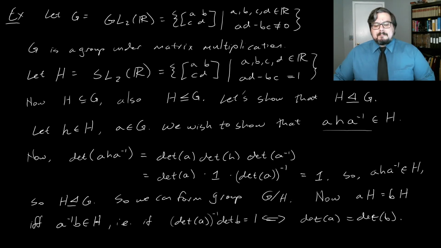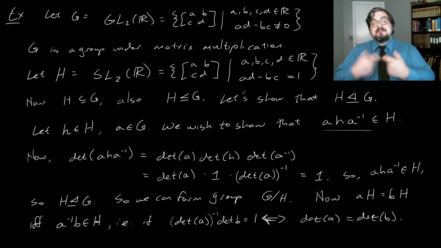So what this is saying is that in the factor group G mod H, the only thing that distinguishes two matrices are their determinants. If two matrices have the same determinant in G, then they go to the same coset.